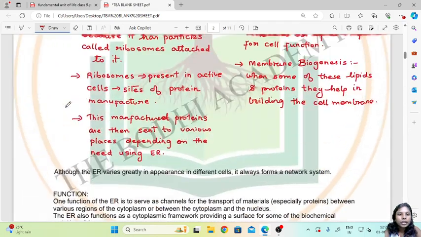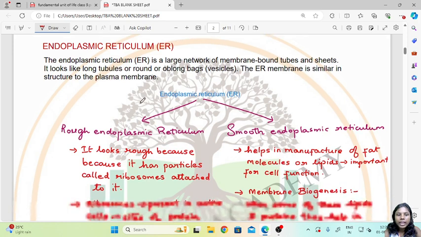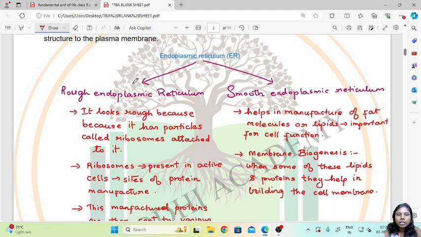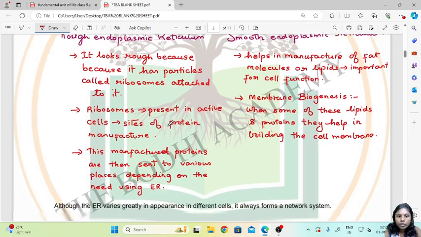Okay, so in today's video, we spoke about the endoplasmic reticulum, that is, we said it is a large network of membrane bound tubes and sheets. It is similar to the structure of the plasma membrane. Further, we divided it into rough endoplasmic reticulum and smooth endoplasmic reticulum. We said that it looks rough because it has particles known as ribosomes attached to it.